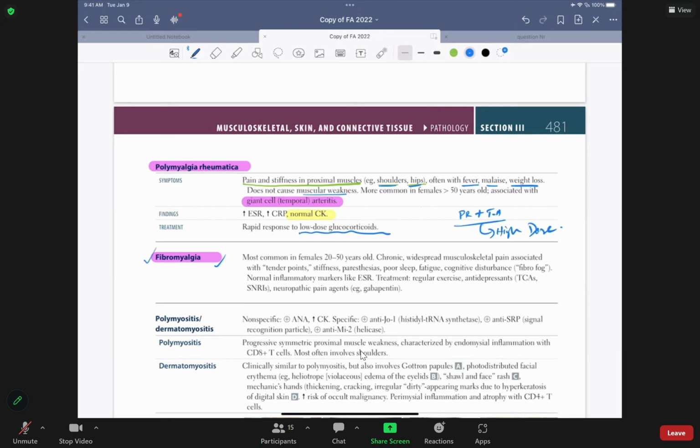That's clear, folks. It's common in youngsters: widespread musculoskeletal pain associated with tender points, stiffness, and all these things. They also have cognitive disturbances we call fibro-fog, and normal inflammatory markers. Treatment is regular exercise, antidepressants.